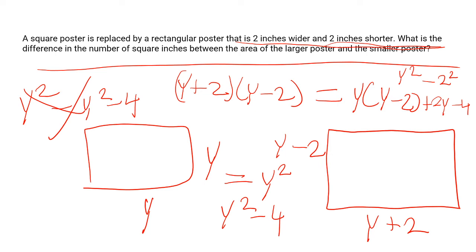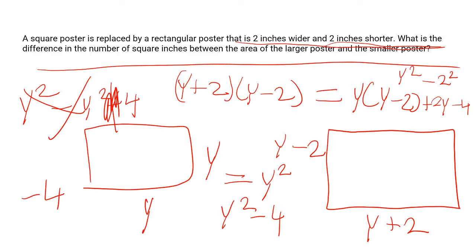And my negative 4 doesn't make sense. When a negative doesn't make sense, it's a positive because we're having an area problem here. So it's negative 4 difference, but we want an actual positive difference, so the answer is just 4. And that's how you would solve such a problem.